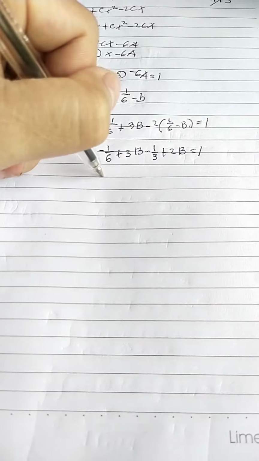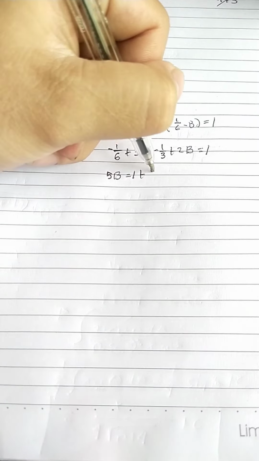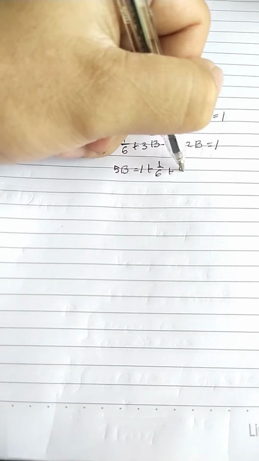So 5b is equal to 1 plus 1 over 6 plus 1 over 3.